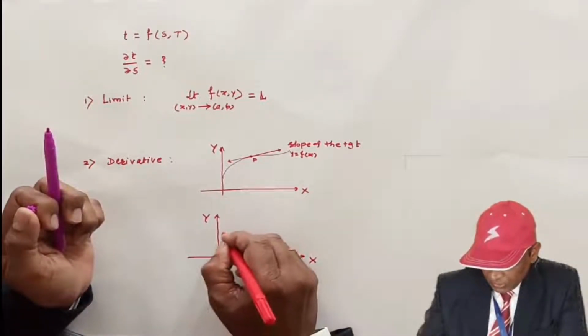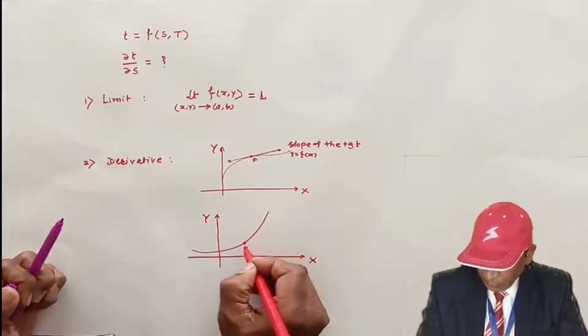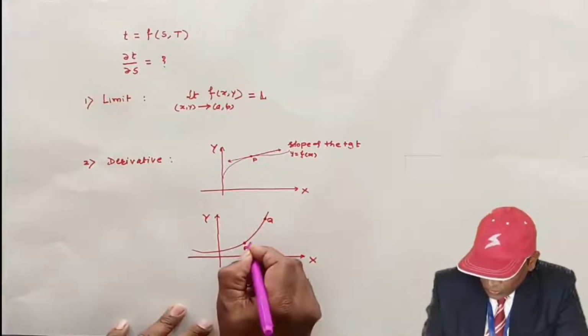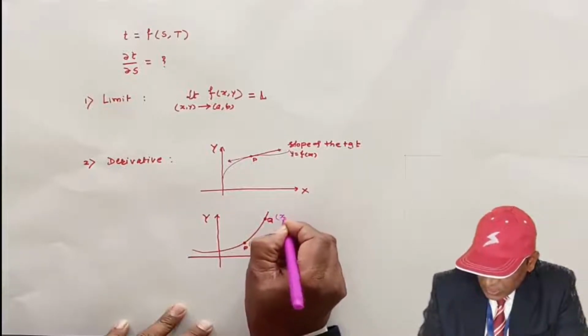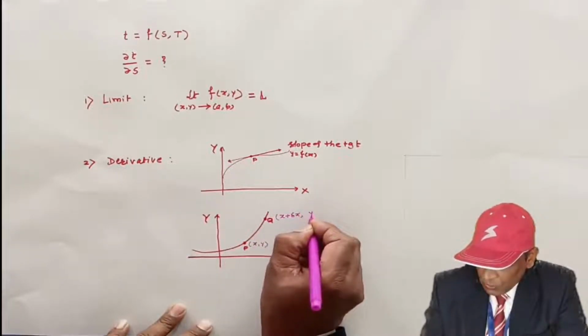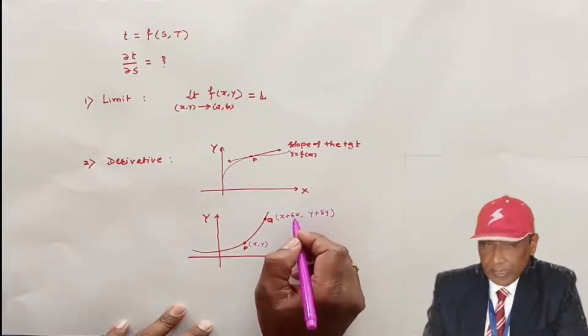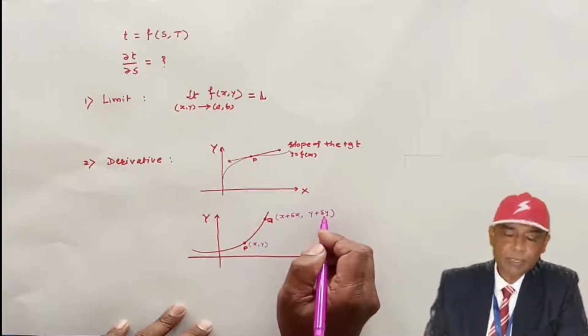Now I am going to draw this curve, and take two points, point P and point Q. These two points are very close to each other. The coordinates of P are (x, y) and the coordinates of Q are (x + delta x, y + delta y). Delta x is a small increment in x and delta y is a small increment in y.